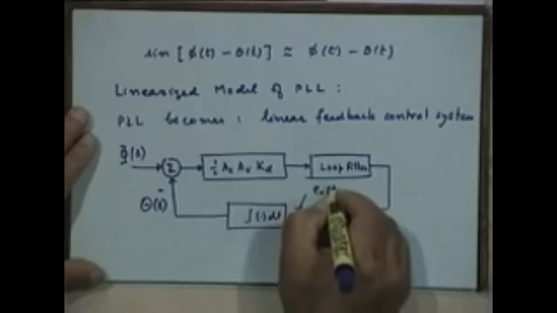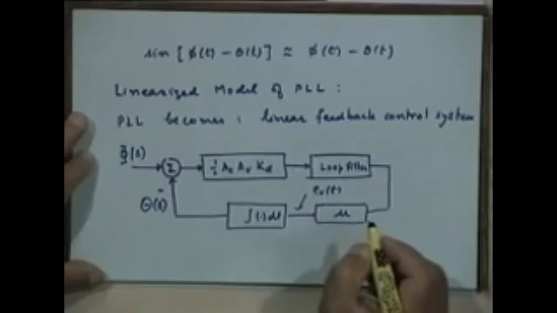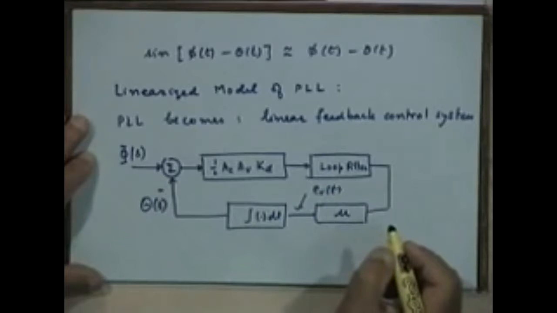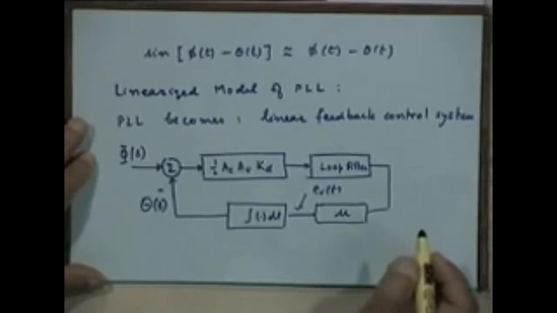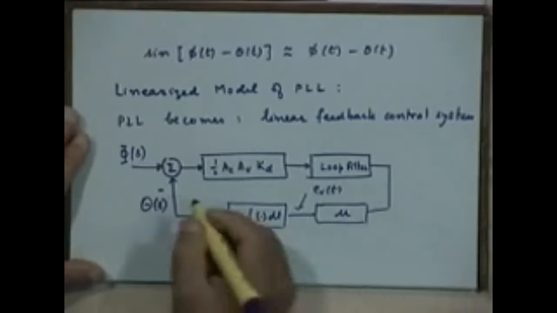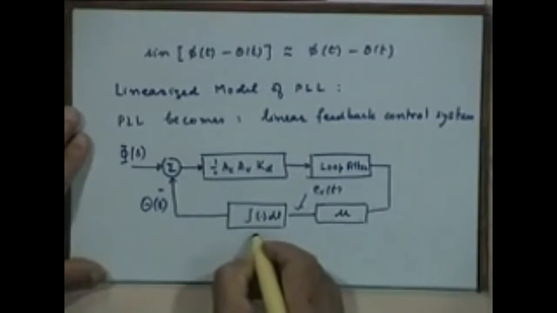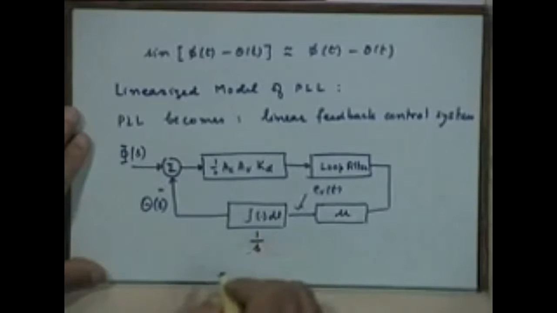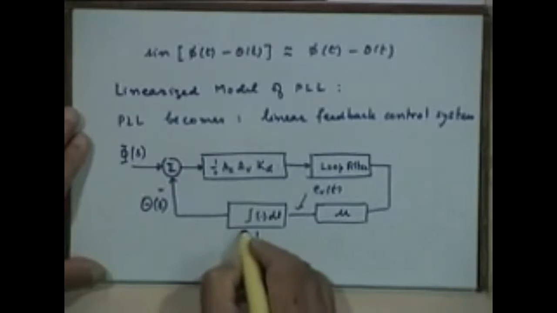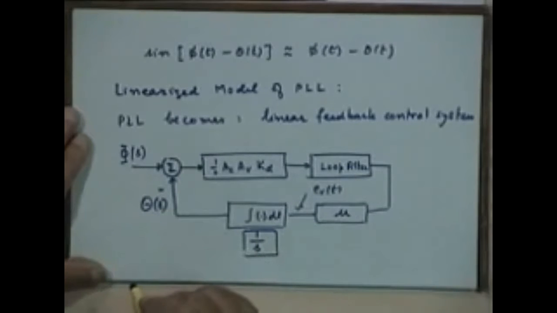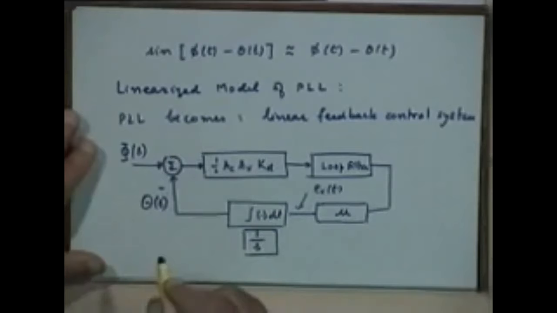And your E_v(t) is here. So, this should have been simply 1 by s. I should represent this as 1 by s. You are absolutely right.